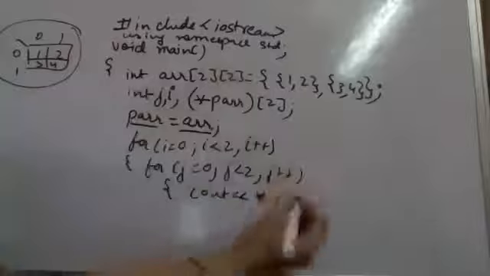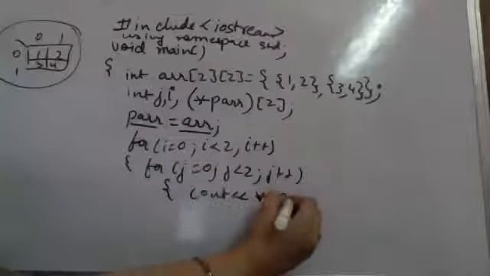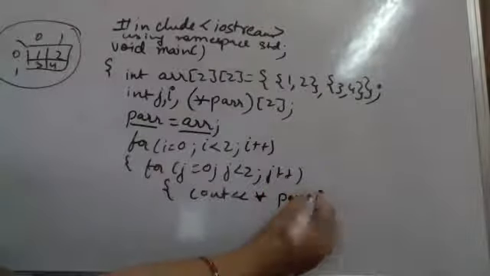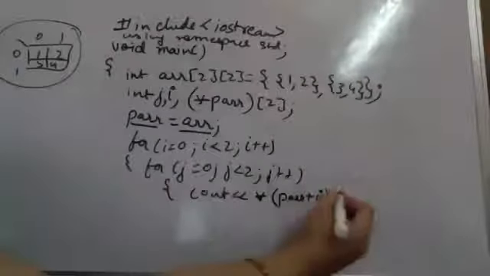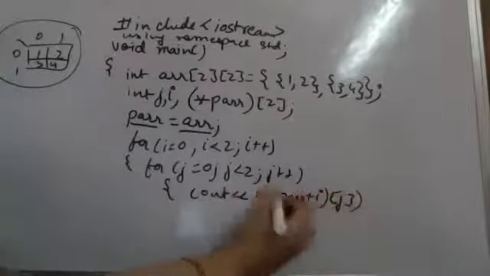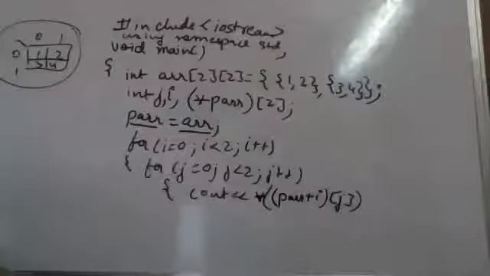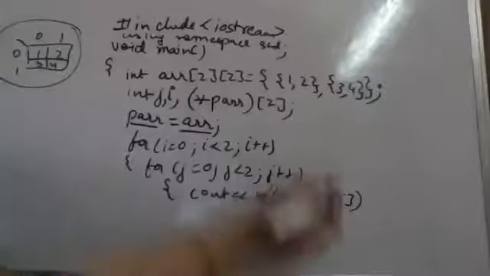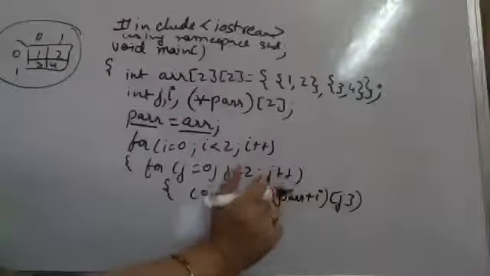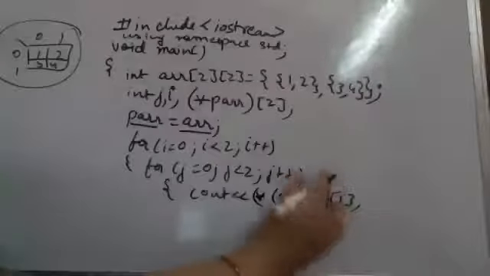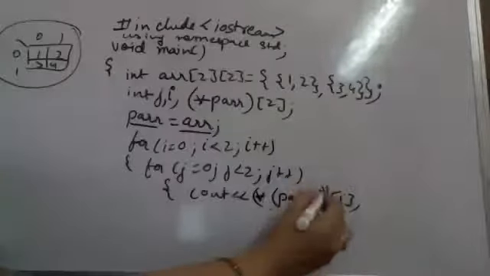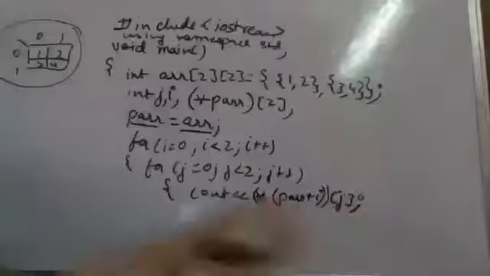So I'm taking this plus i. This value's column number j, and the value at here is going to be taken out. Sorry, this way. So here I am getting my answer in cout.